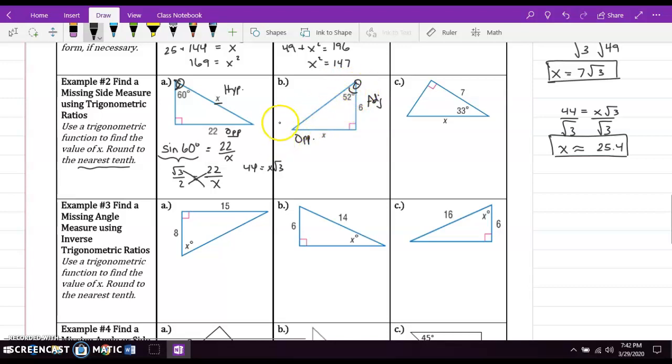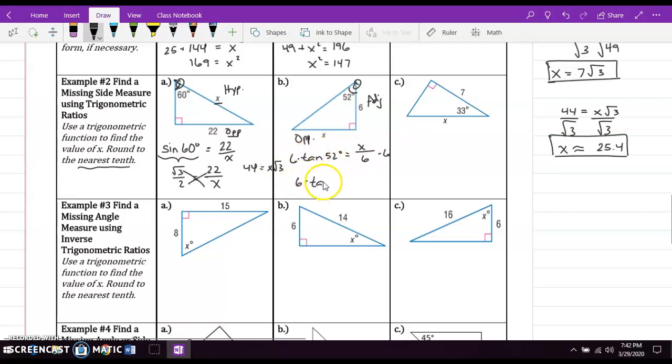The hypotenuse is over here, but I don't really need it or know it, so I'm not going to label it. And so if I need the opposite side and I know the adjacent side, I need to use opposite over adjacent, which is tangent. So we're going to say the tangent of 52 degrees is equal to the ratio of the x side divided by the 6 side. So to solve for x, I multiply both sides by 6. So 6 times the tangent of 52.